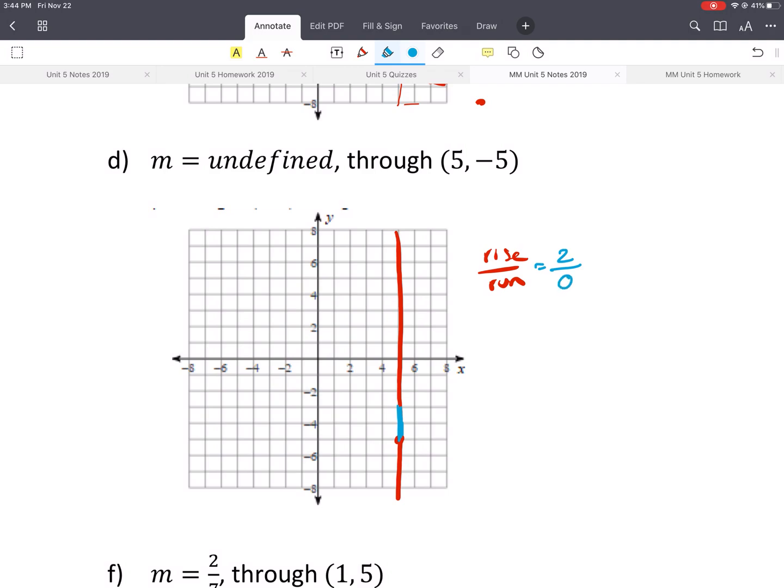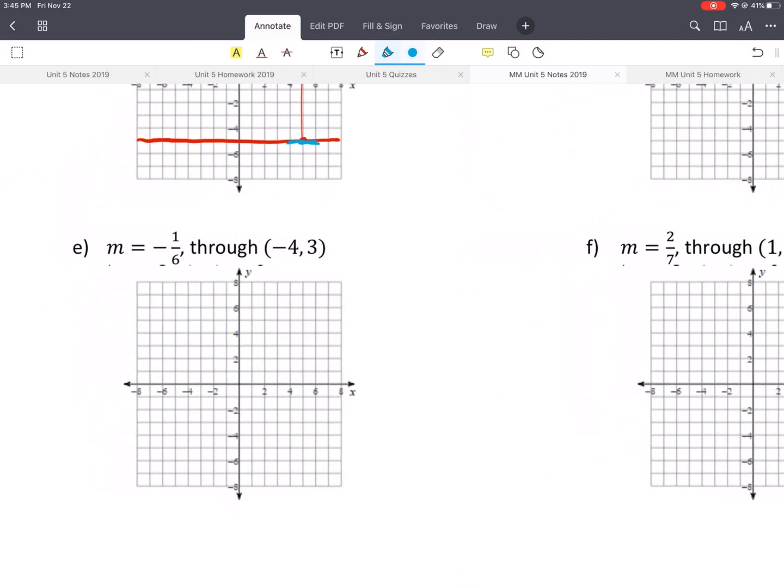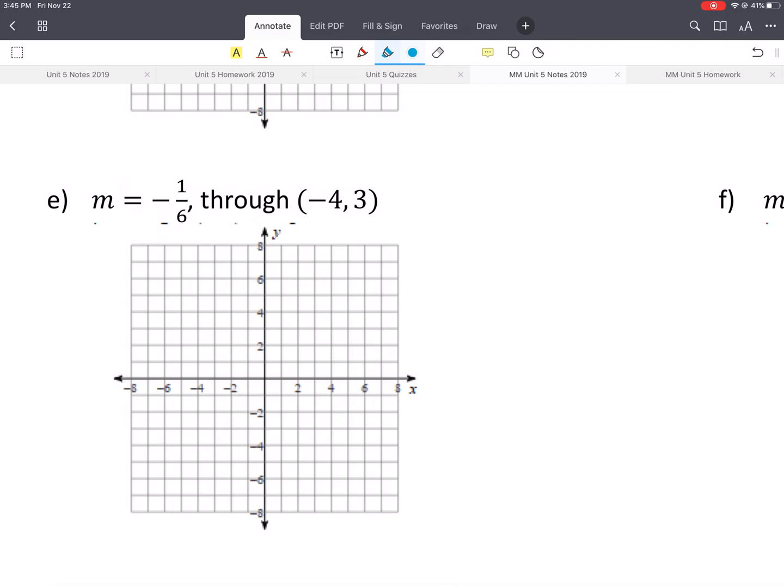You can't go over at all, the line doesn't go over at all. And anything divided by 0, if you plugged it into your calculator, would give you an error, because we call that undefined. Undefined slope. All right, and then I'd like you to pause and try to do E and F.